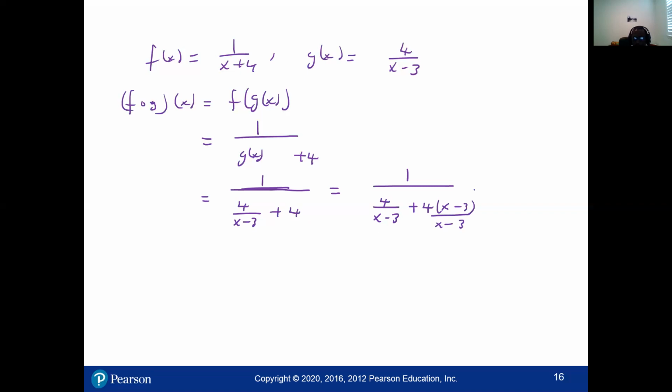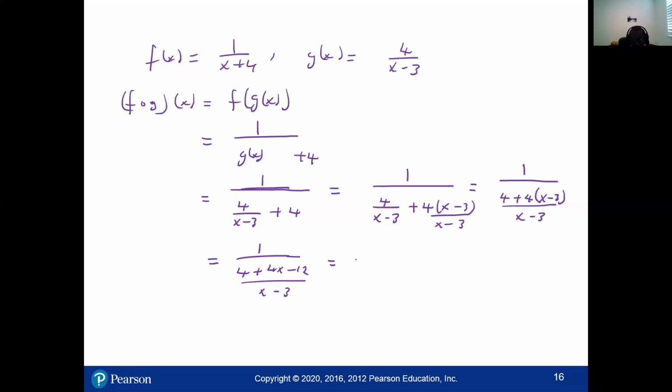So the numerator is 4 plus 4 times x minus 3, all divided by x minus 3. 4 times x is 4x, and 4 times minus 3 is negative 12.